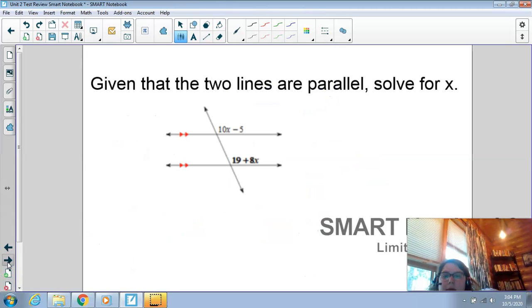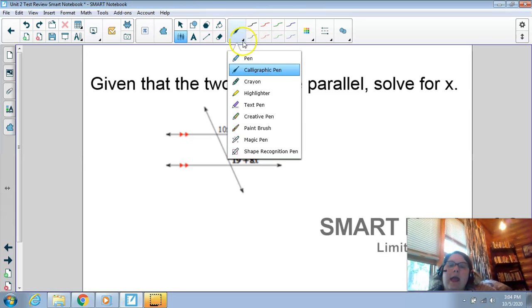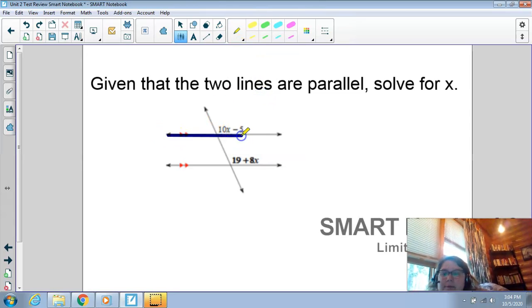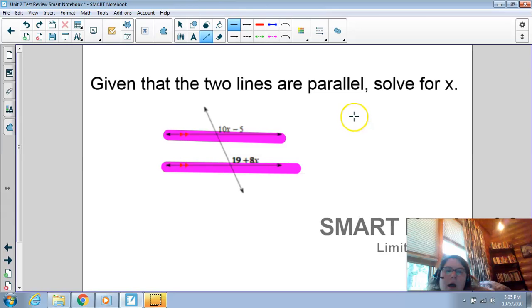Okay. Next question, I have these two lines that are parallel, and I want to find the value of x this time. So I have this line and this line, and I'm going to go ahead and set up just a generic set of parallel lines. Actually, I'll just write on here.